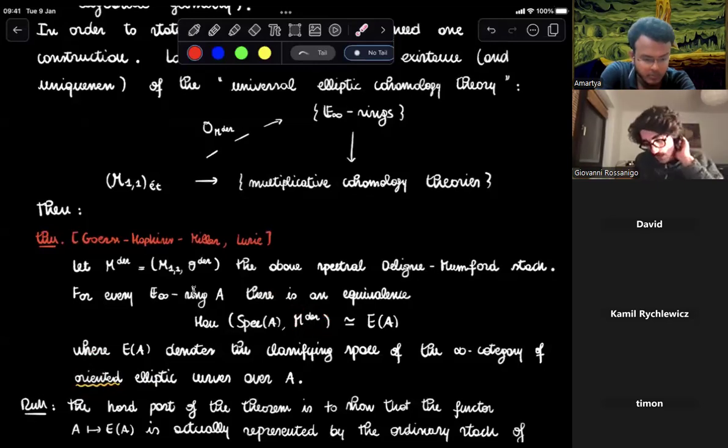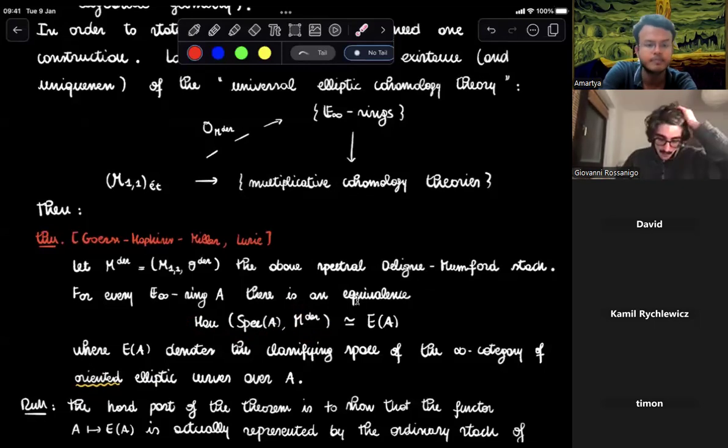The maps here are computed in connective Deligne-Mumford spectral stacks, which generalize spectral schemes by requiring the object to locally resemble the étale topology.